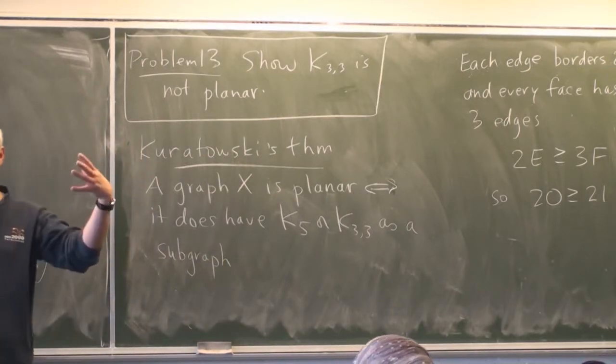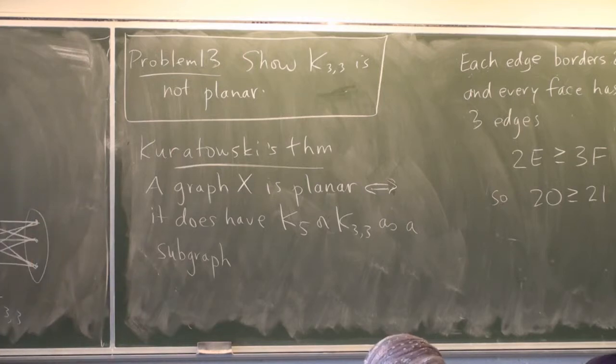So if you have some very complicated graph and you're trying to figure out whether it's planar, it might be simpler to look around to see if you can find any complete 5 graphs inside or any complete bipartite K33 graphs, and then you could reason that it's planar or not planar.